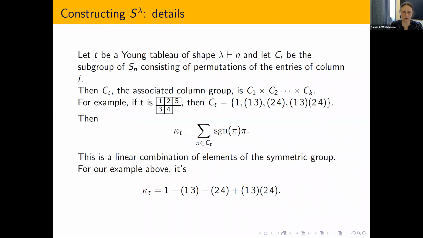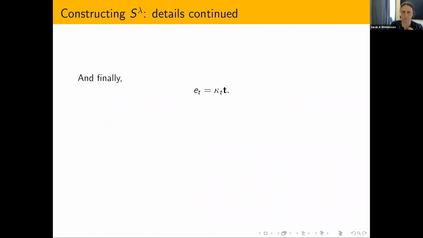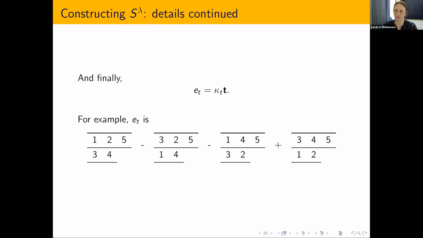So we get this linear combination. And then what was the last step? We have to define the E thing, which was applying this linear combination, kappa T, to some tabloid. Let's see what that looks like. Finally, we apply kappa to the tabloid associated to T. This is what it is in the example. The tableau we started with was this, except with boxes, with 1, 2, 5 on the first row, and then 3, 4.